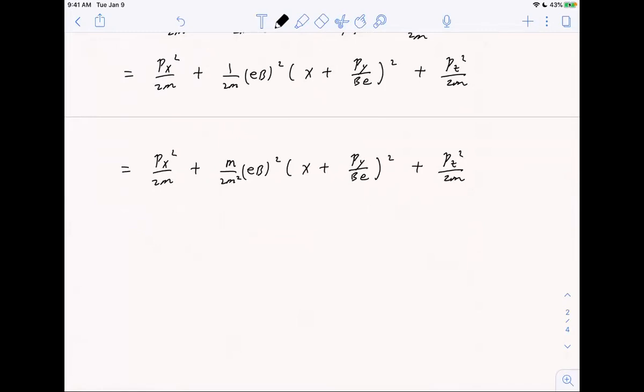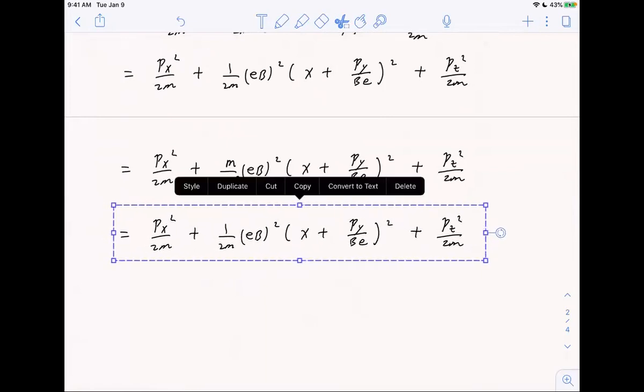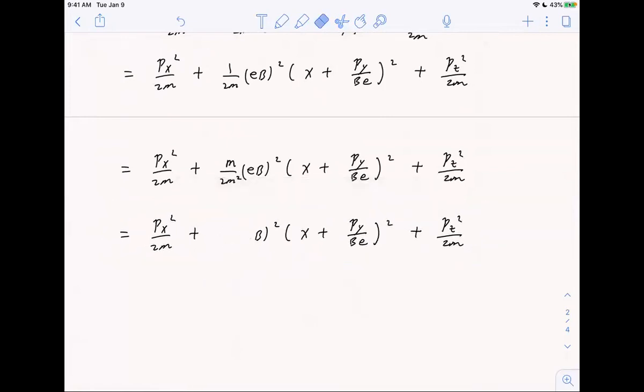Then you could change it into 1 over 2m and then (eB/m) squared.